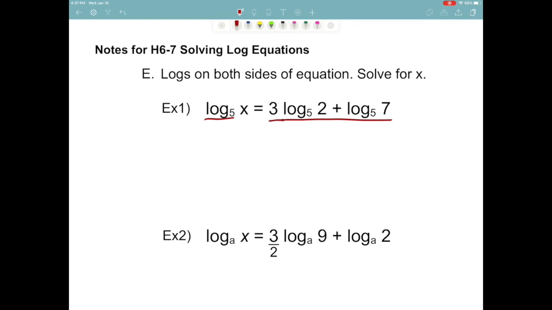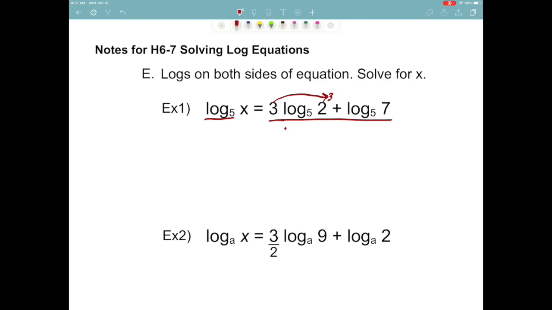So there are multiple logs on one side. Let's use our properties to simplify it down to one log. Since we have 3 times the log base 5 of 2 plus log base 5 of 7, if we move that 3 up here, it's like a 2 cubed.